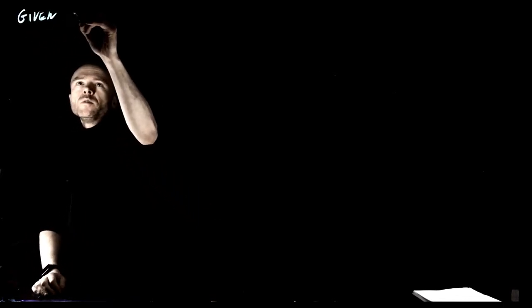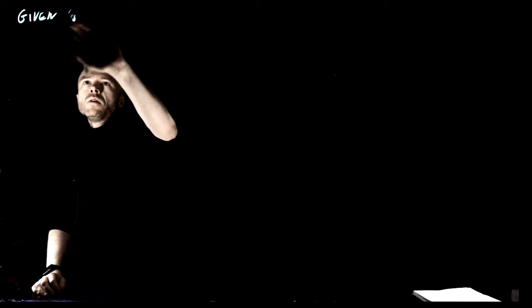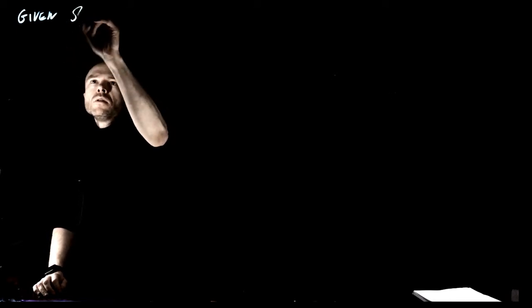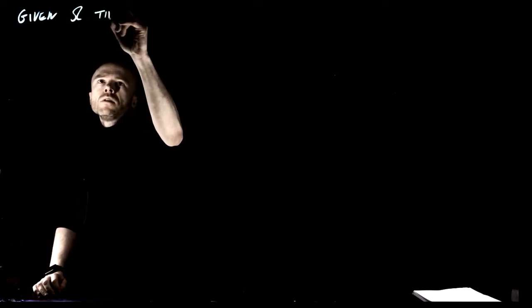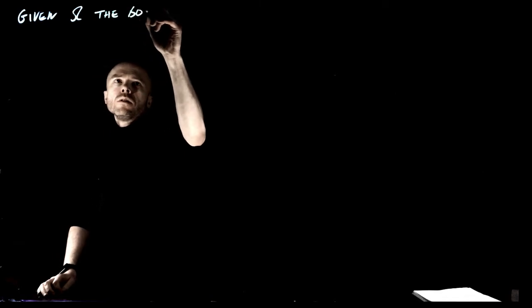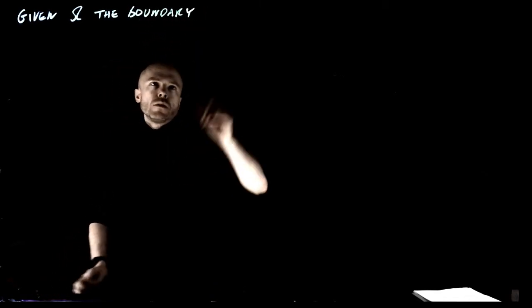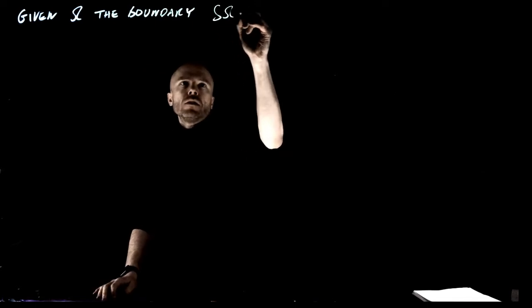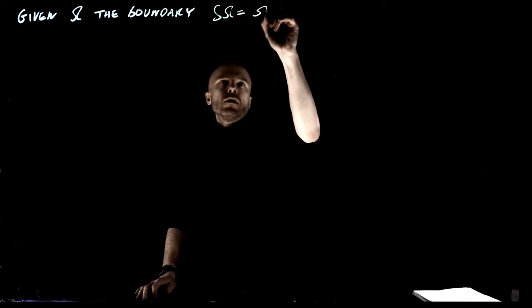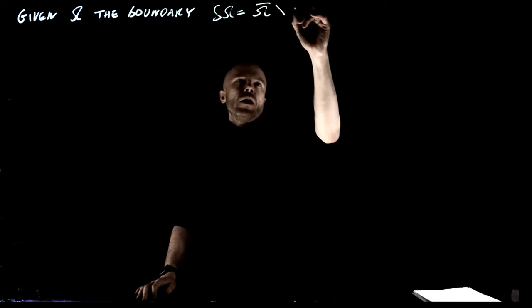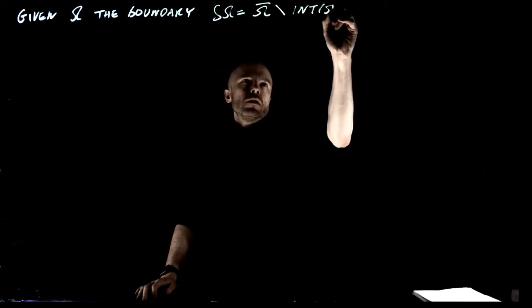It's not quite all the topological notions we'll need, because we also need the notion of a boundary. So given omega, the boundary, written like this, is the set of limit points take away the interior points.